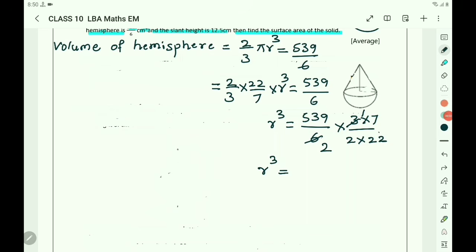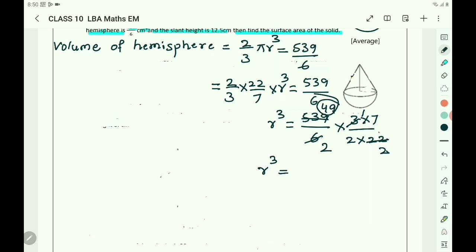Then you divide it by 11. 11 twos are 22, 11 fours are 44, 9 is remaining, 99. 11 nines are 99. So 11 into 49 is 539.